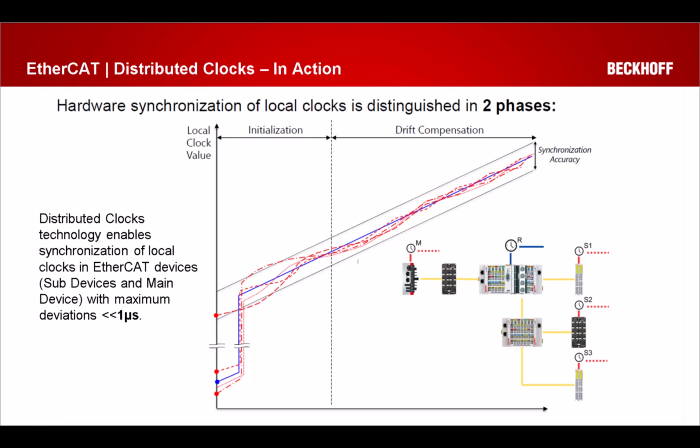So starting with distributed clocks, the concept allows you to establish a reference clock device for all other distributed clock capable devices. And so in this image, we see that blue indicated reference clock symbol is our reference clock device, which we want all other slave EtherCAT devices that support distributed clocks to synchronize to.